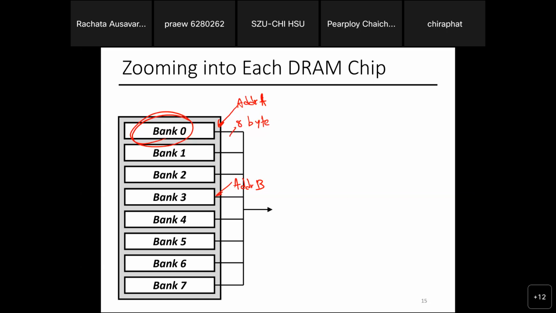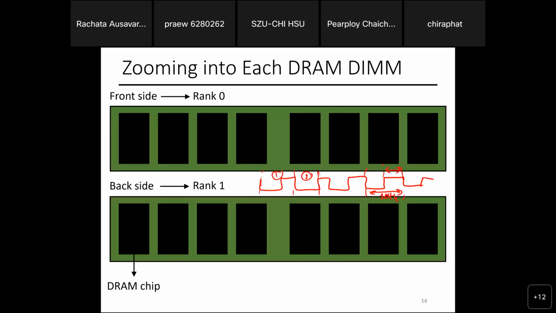So in one single cycle, once I have the data from the bank, this will be the first 8 bytes of the cache block. The first set comes from here, the second set of data comes from here, the third comes from here, the fourth comes from here, and the last one goes to there. And you have the whole cache block. One step, everything is ready.